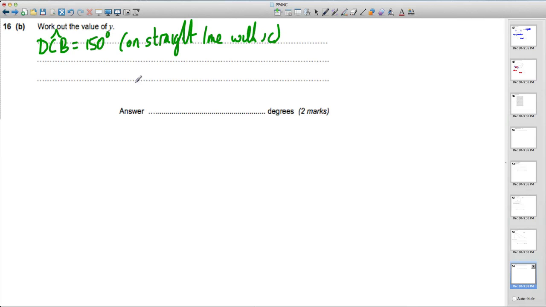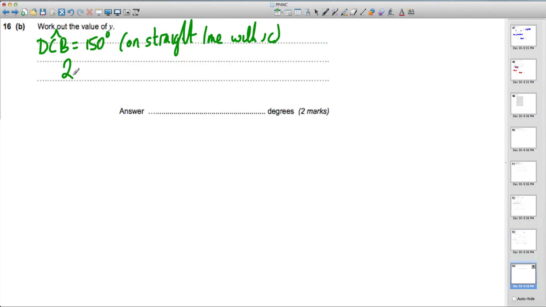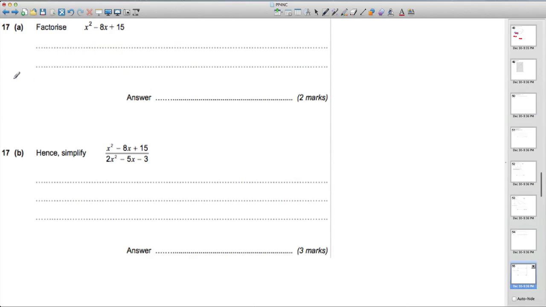But also, you know, these two are both y. So this must be an isosceles triangle. So the leftover, these two therefore must add up to 30, considering this triangle here. 2y must add up to 30, so 1y must be half that, which is 15 degrees. And right in here, 15 degrees. Done for another easy mark.